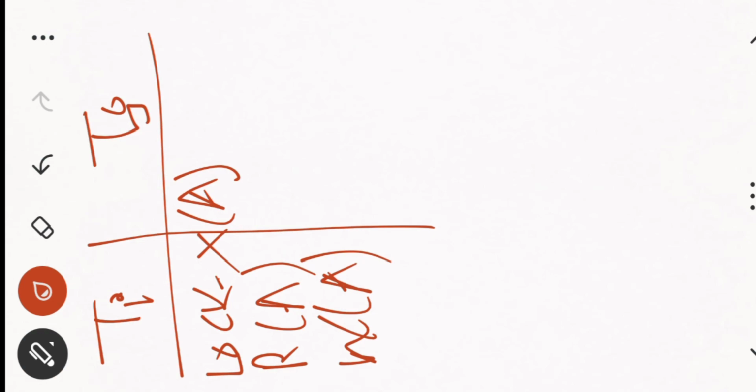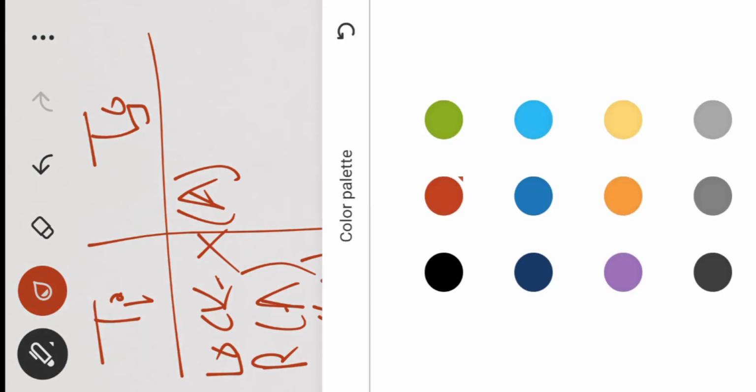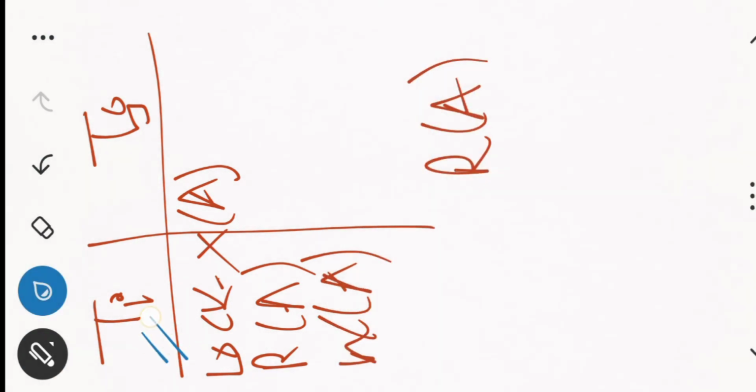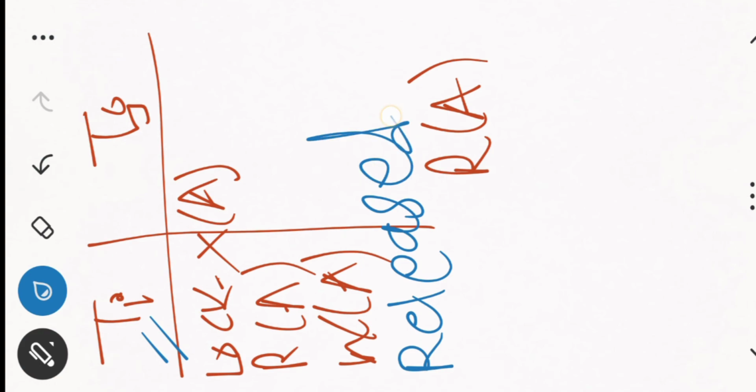This transaction Tj wants to read the data item A, but transaction Ti has not yet released the data item A. So how will this transaction Tj get the chance to execute?